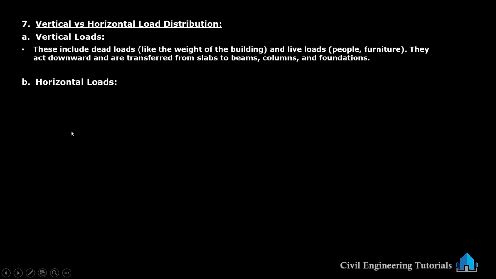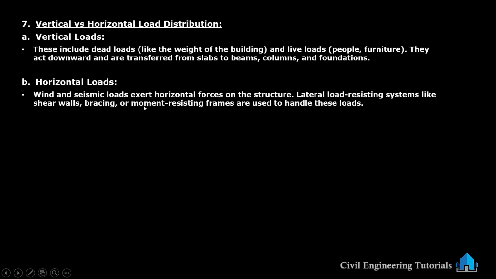So in vertical loads, first the load goes from slabs to beams, then from beams to columns, and from columns to foundation, and from foundation to the ground. In horizontal loads, wind and seismic loads exert horizontal forces on the structure. Lateral load resisting systems like shear walls, bracing, or moment resisting frames are used to handle these loads.